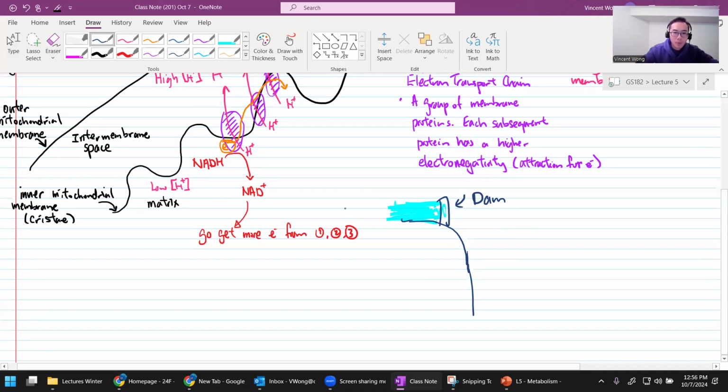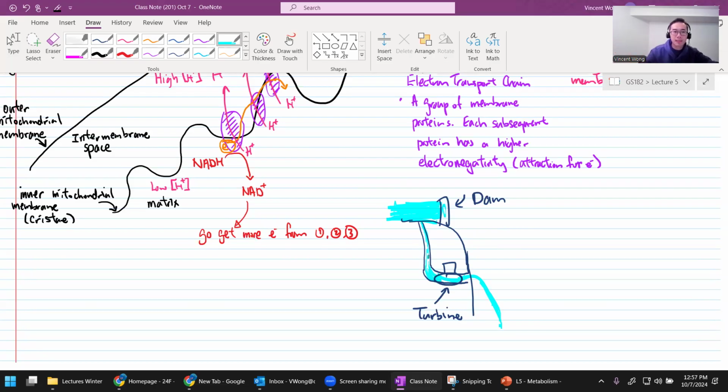So what people can do is dig an alternative path, and then they put a turbine here. Again, you don't have to draw this. I'm just trying to help you understand, okay? So after you dam off the water, you let the water flow through this path, right? And as the water goes through the turbine, it generates electricity, right? Generate energy.